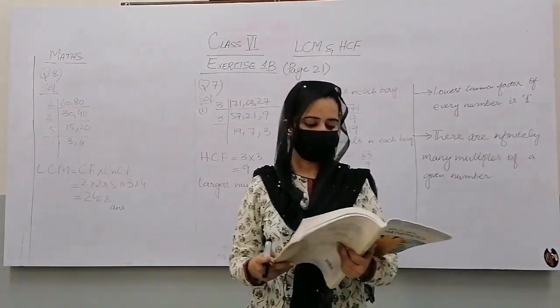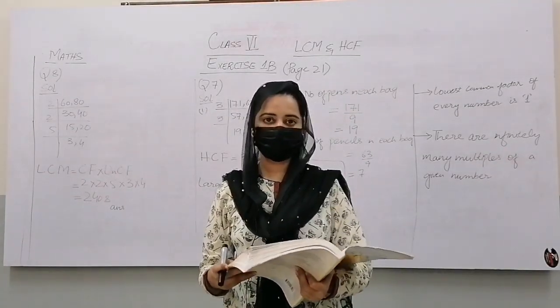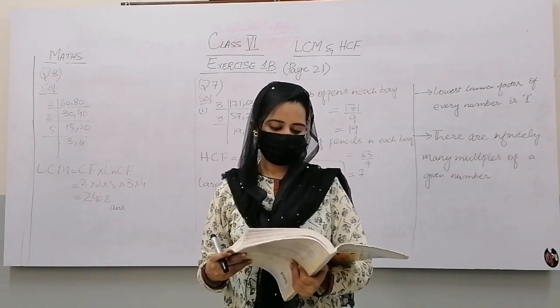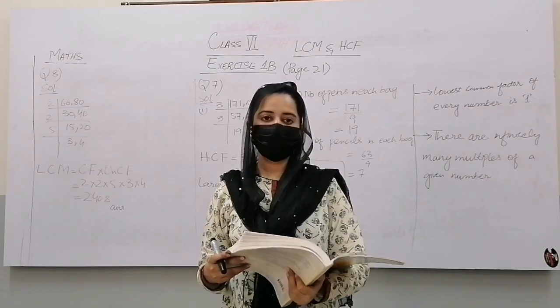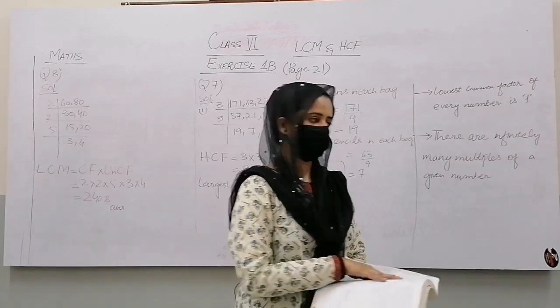Second part is, how long in minutes will it take for the faster car to be 5 laps ahead of the slowest car?